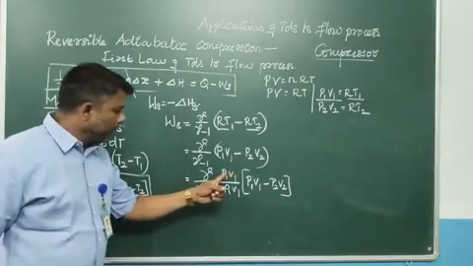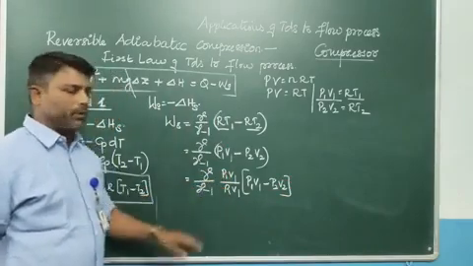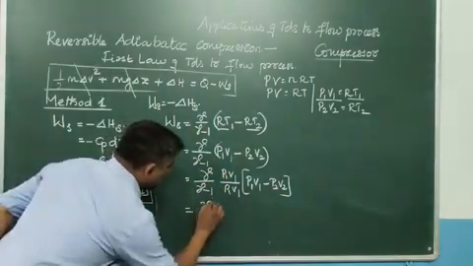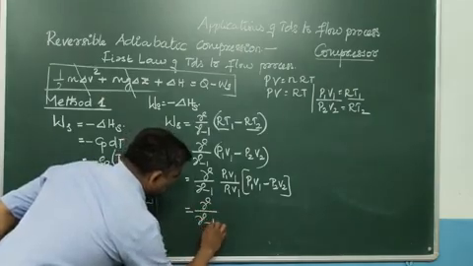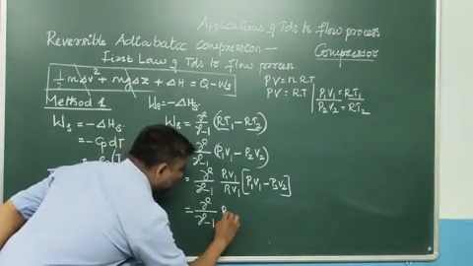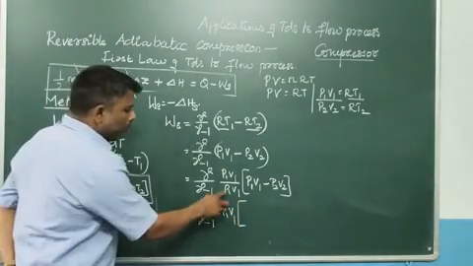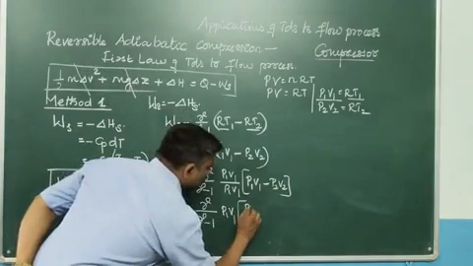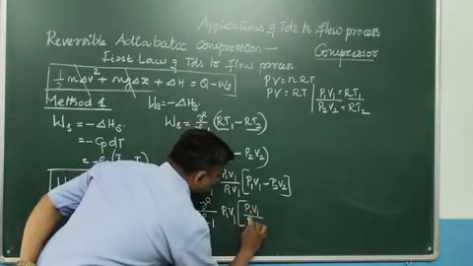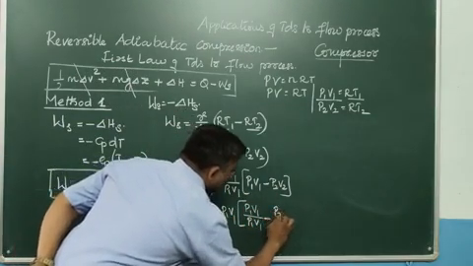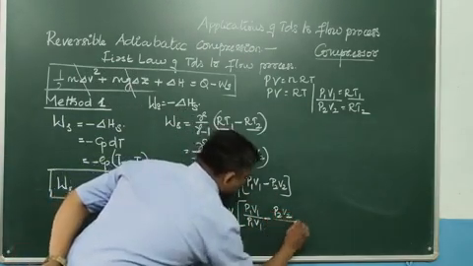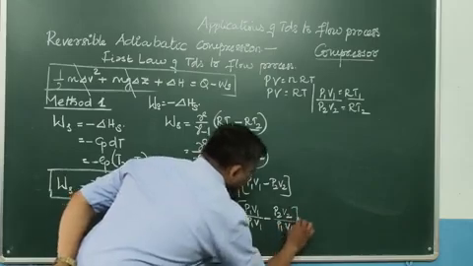I am only multiplying and dividing by the same P1 V1. So this equation becomes gamma divided by gamma minus 1 into P1 V1. I am going to take P1 V1 inside: P1 V1 divided by P1 V1 minus P2 V2 divided by P1 V1.